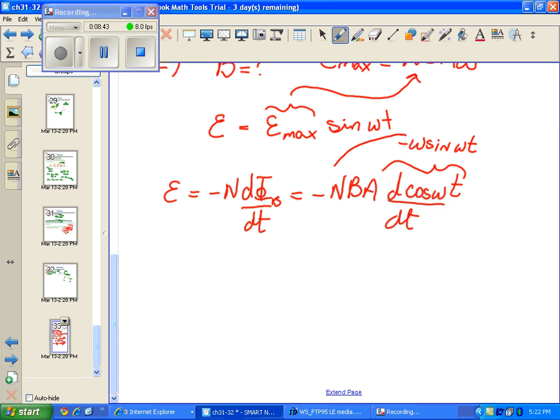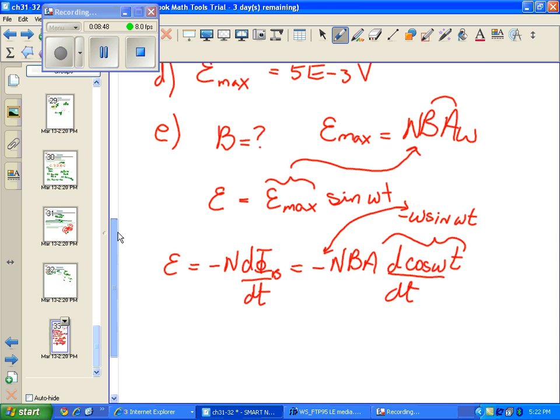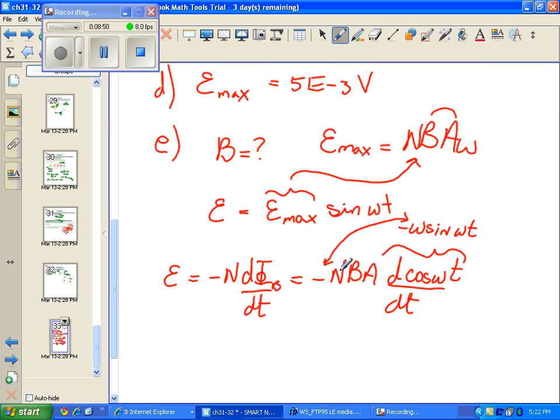Well, this minus cancels that minus sign, and if we put everything together, you can see we've got the positive N, B, A, omega, right there, and then sine of omega t.